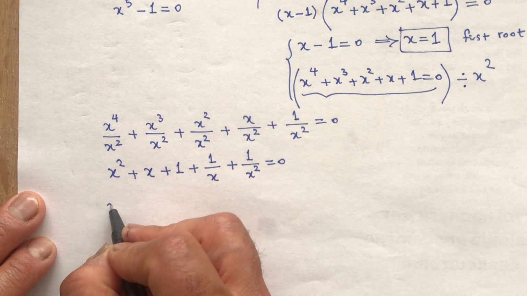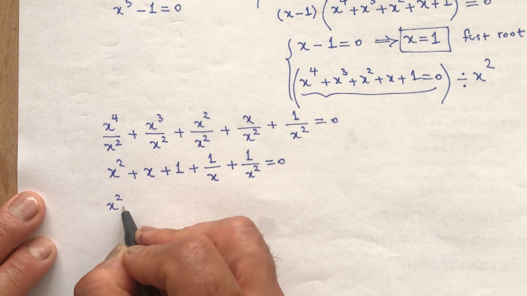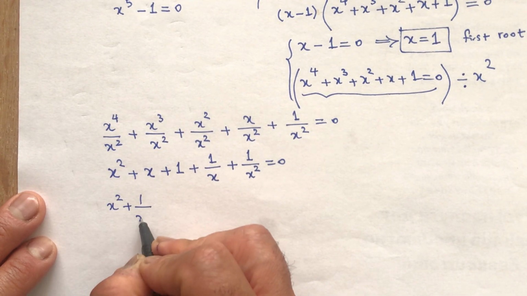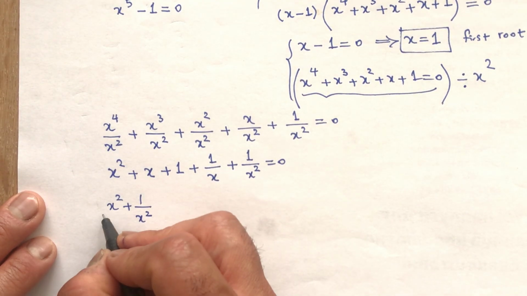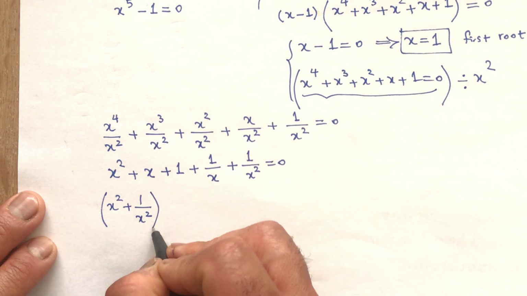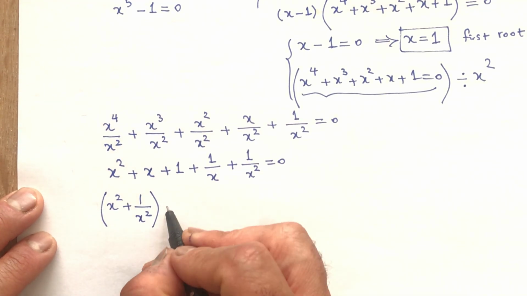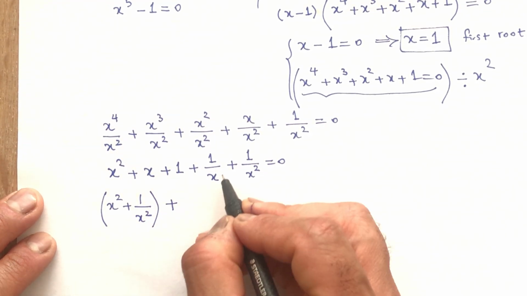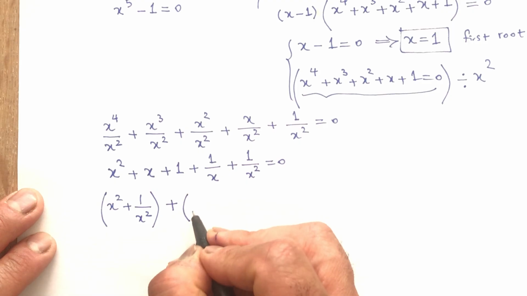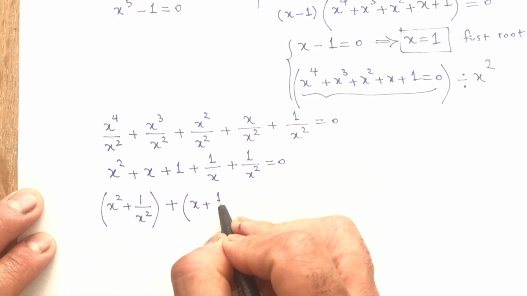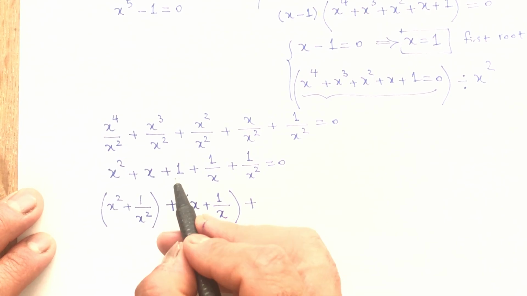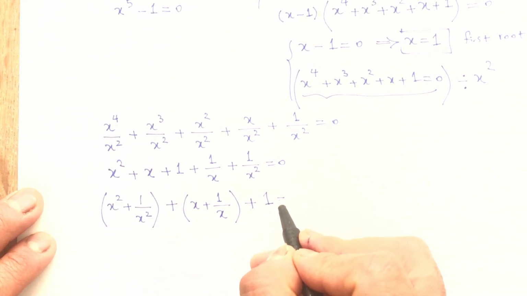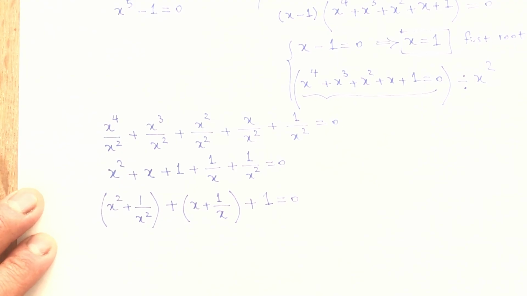I can write x squared plus 1 over x squared, the first one and the final one. I can put it in parentheses, plus I have x and 1 over x, again in parentheses, and finally only 1 is here alone, equals 0.